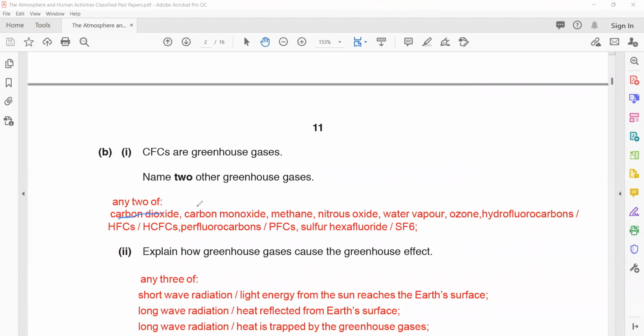Carbon dioxide, carbon monoxide, methane, nitrous oxide, water vapor, ozone, hydrofluorocarbons, written here. Then you have perfluorocarbons, sulfur hexafluoride. All these are written. So you can give any two or any three depending on how many marks they are asking for.